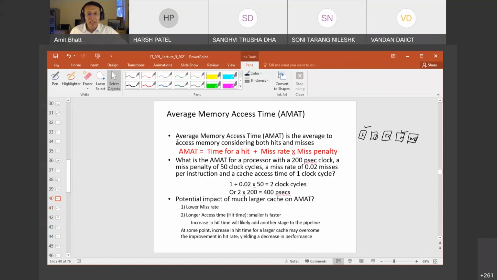So now, average memory access time is time for a hit plus miss rate into miss penalty. So, the impact of a much larger cache on AMAT.